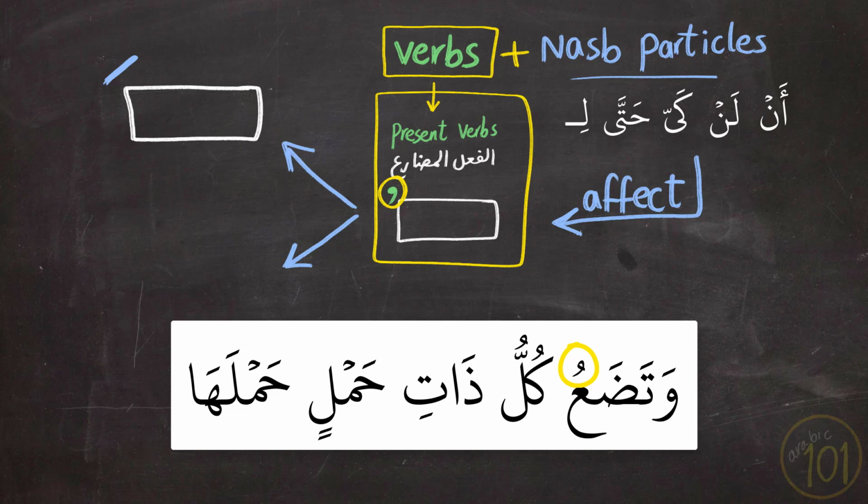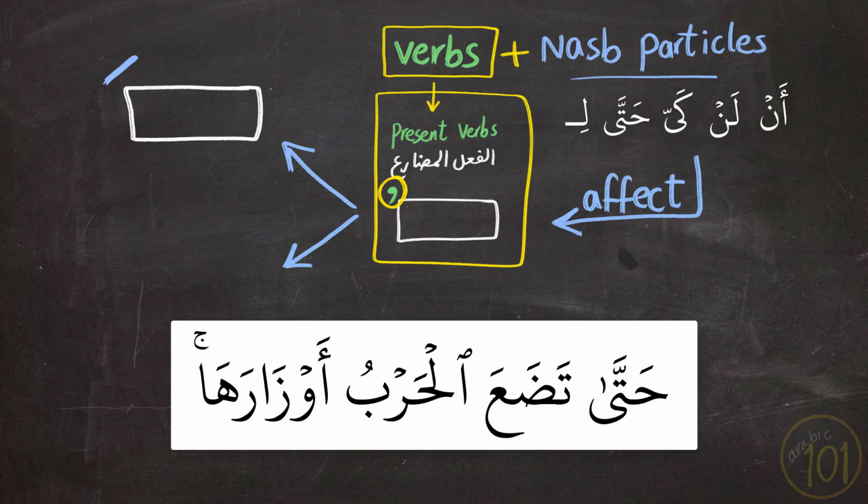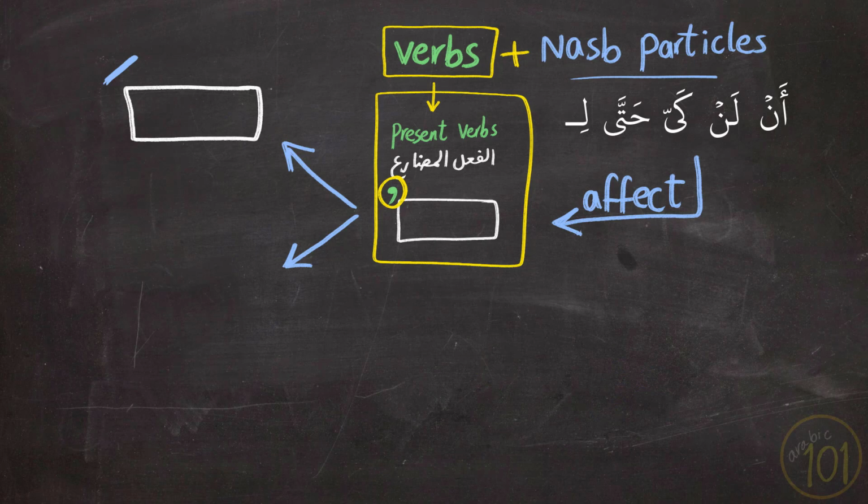Let's see how it will be different when the same verb was preceded by the particle حَتَّى. حَتَّى تَضَعَ الْحَرْبُ أَوْزَارَهَا. So here the verb تَضَعُ became تَضَعَ because it was preceded by hatta. So that was the first effect on present verbs.